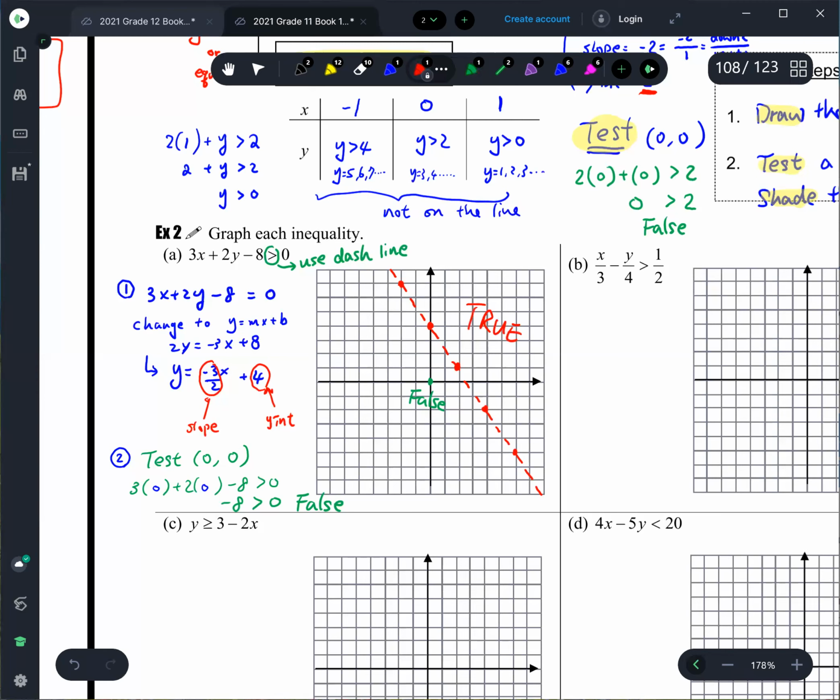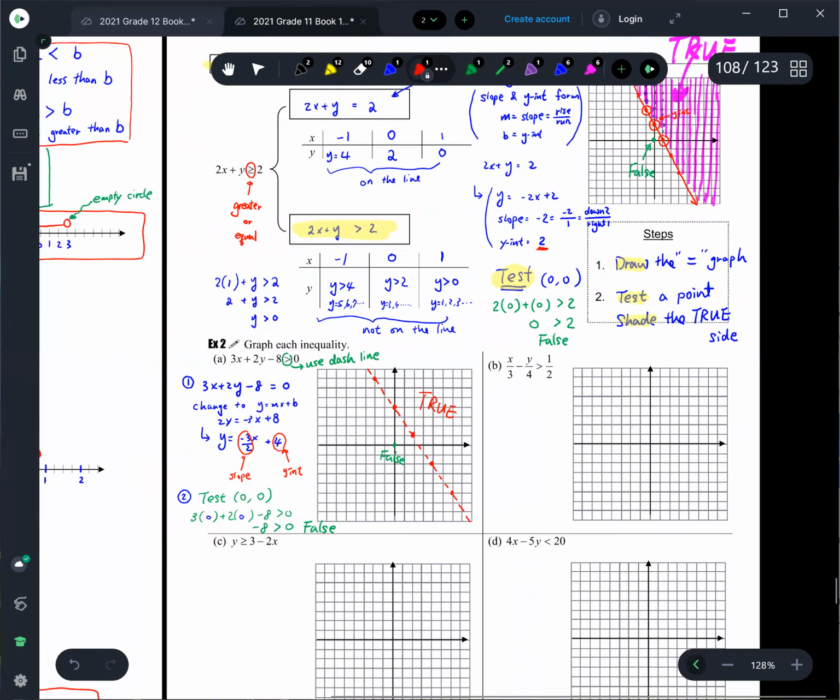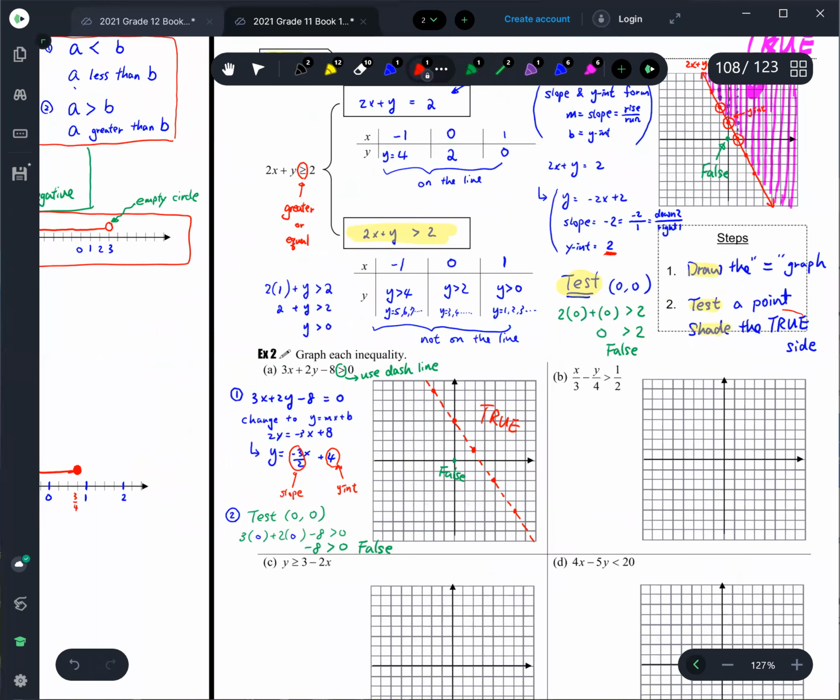So you always shade the true side. So you do the shading like that. Every point that you pick on that side, on the red side, will work. If you plug it into the inequality, it will be true.